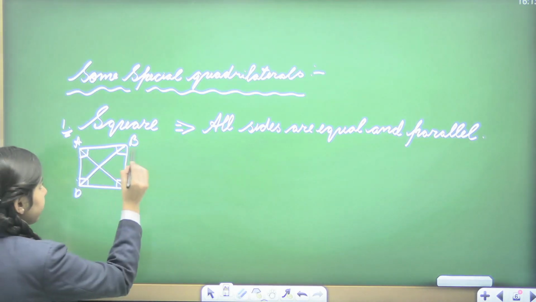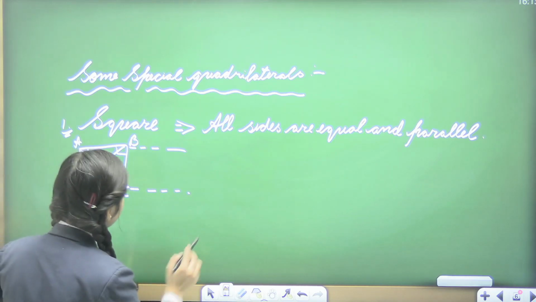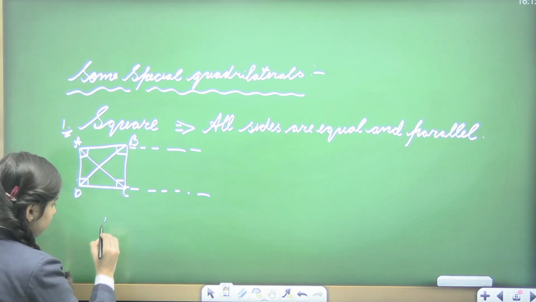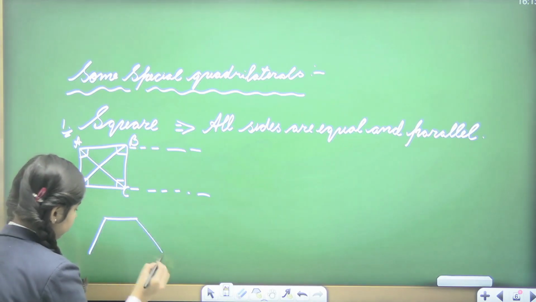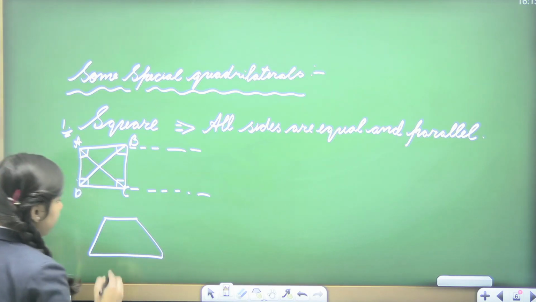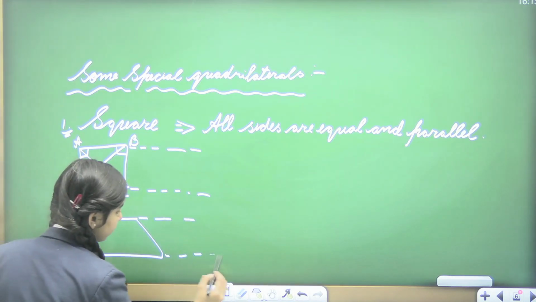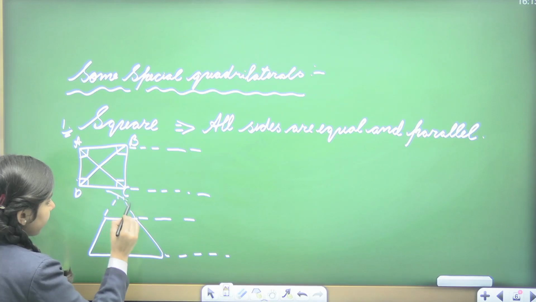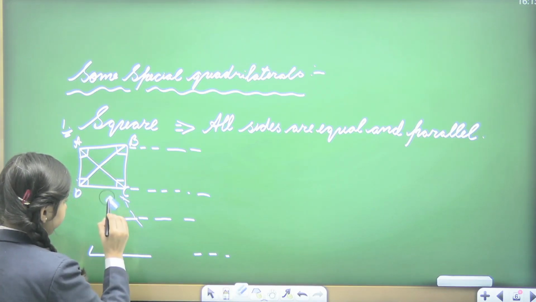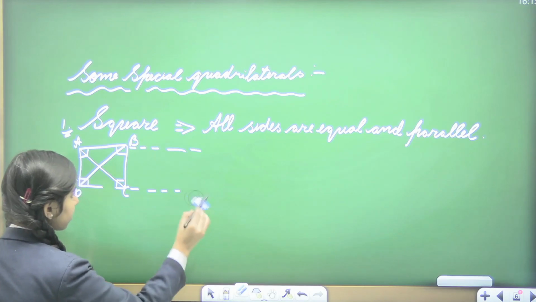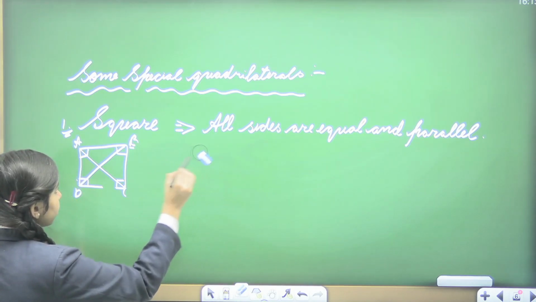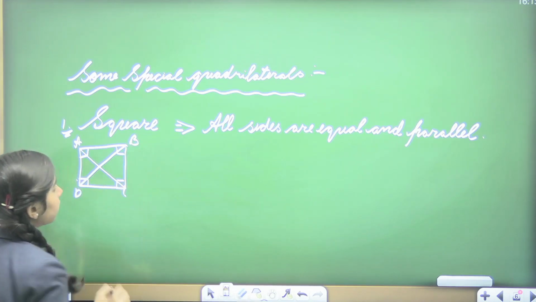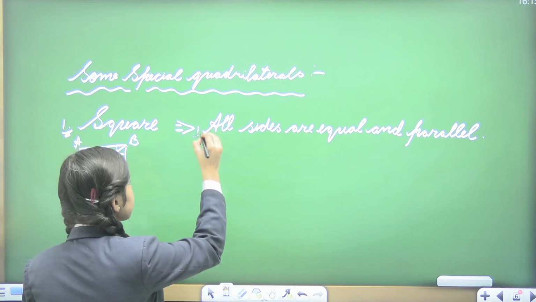Like if we extend this line and this line, they won't meet. But if this was a figure like this, then these are the parallel lines, like they won't meet. But if we extend these two, then they'll just meet at some point. So we got to know about parallel lines just now, and this was the first point.